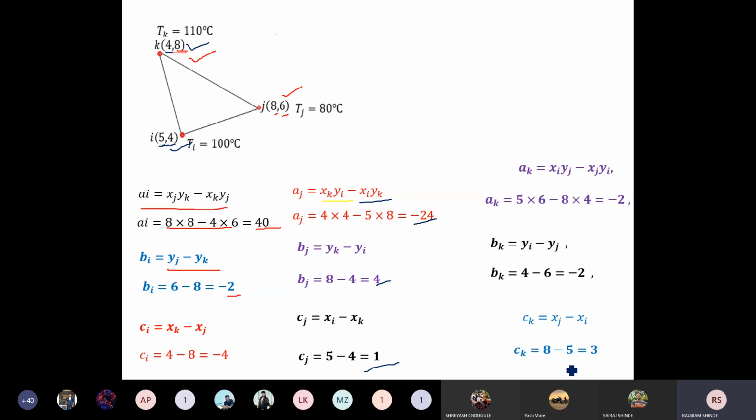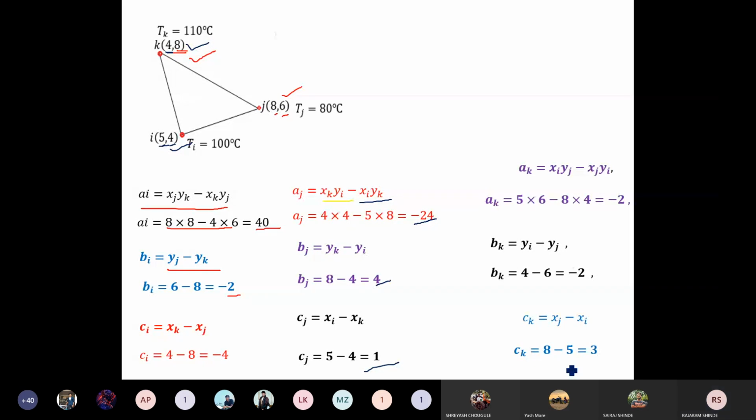If anyone has any doubt in this calculation, or if you feel it is a wrong calculation, you can ask me why this is correct, or how it is wrong.